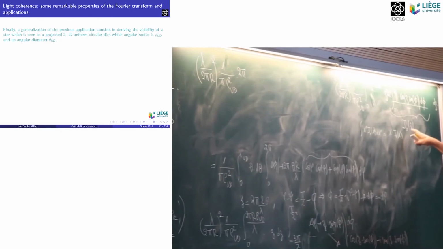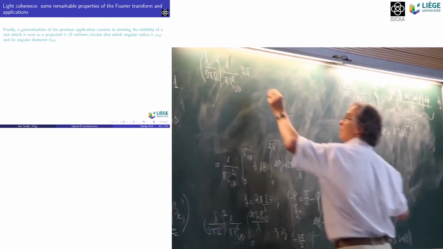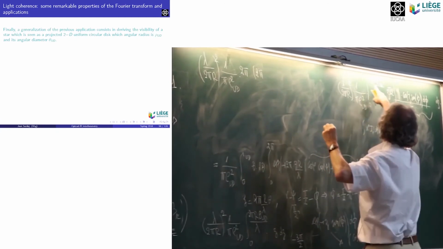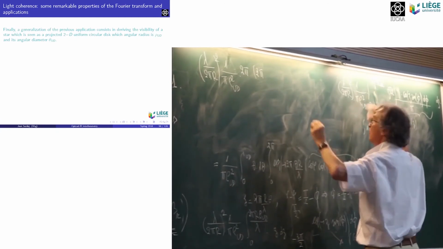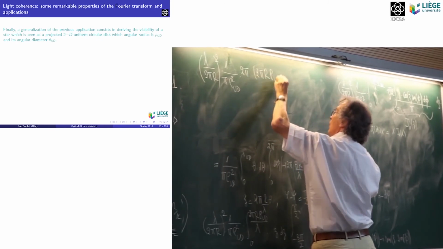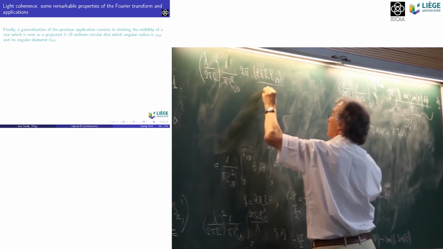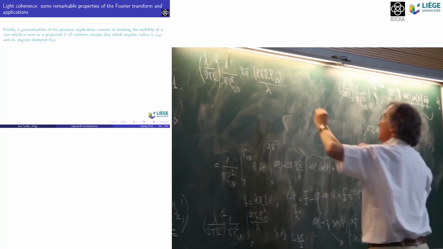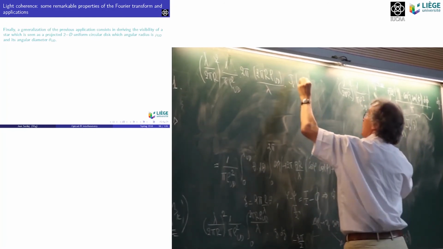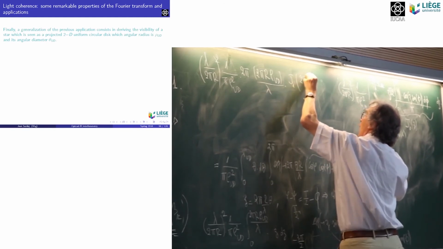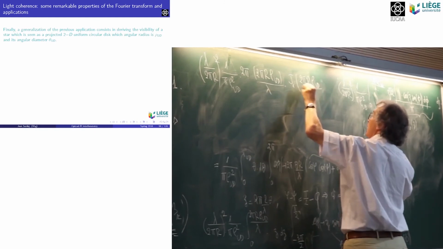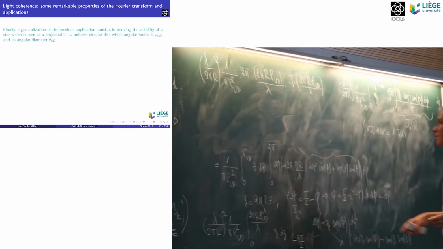So it will be equal to 2 pi, and the x, which is the upper limit of integration, will be 2 pi r rho_ud divided by lambda, multiplied by the first order Bessel function for that same value, so J1 of 2 pi r rho_ud over lambda.